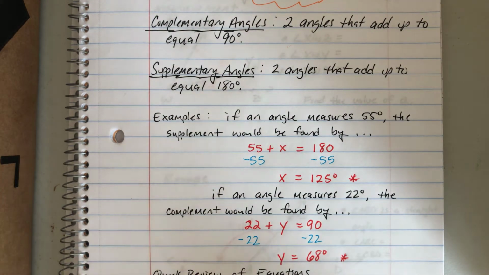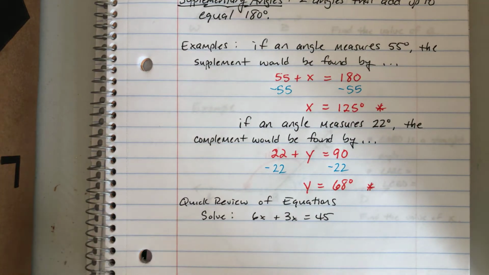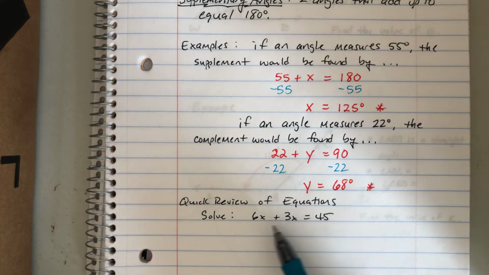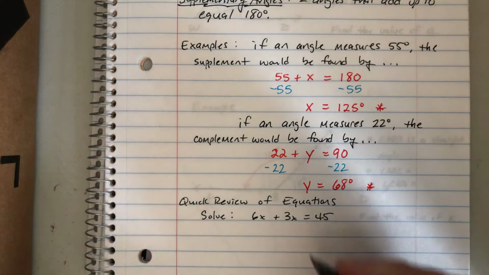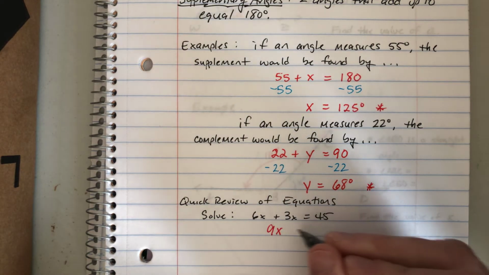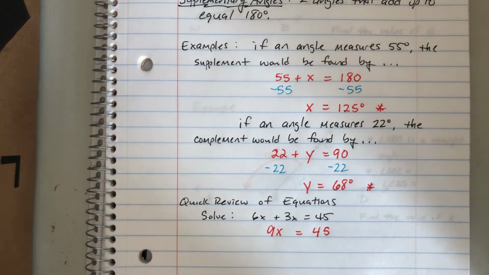All right, moving on, just a quick review of this type of equation of 6x plus 3x equals 45. You can see we have two terms here that have a variable on the same side of the equal sign. So 6x and 3x are on the same side of the equal sign. So we can combine these like terms, 6x and 3x. If we add those together, we get 9x equals 45.